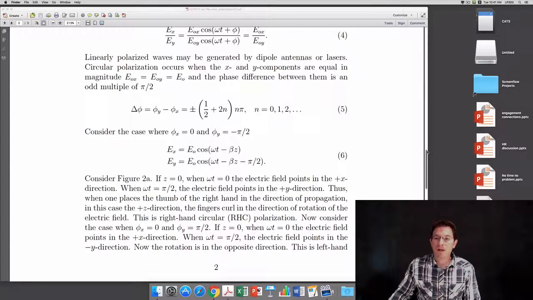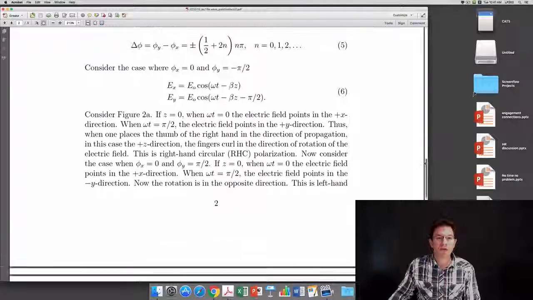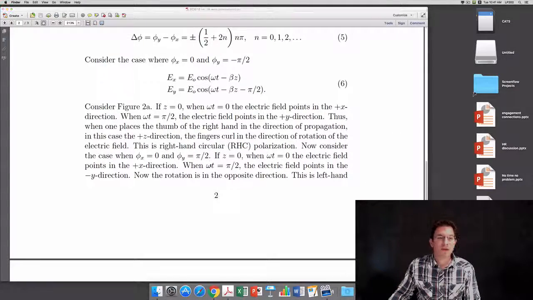In order to explore circular polarization a little bit, let's look at the situation where the phase of the x component is 0 and the phase of the y component is equal to minus pi over 2.